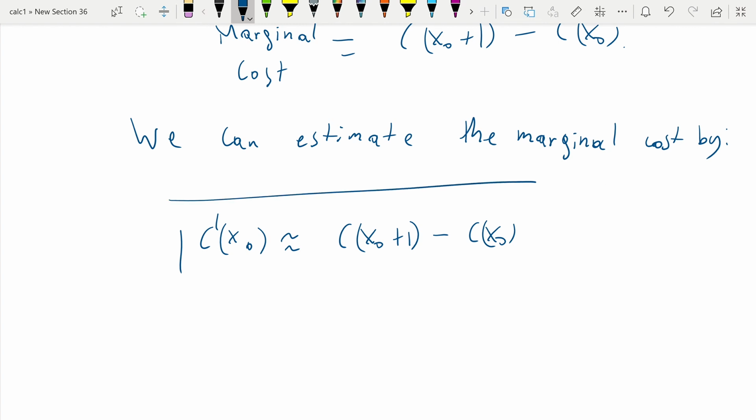And this is the approximation formula that we will be using.